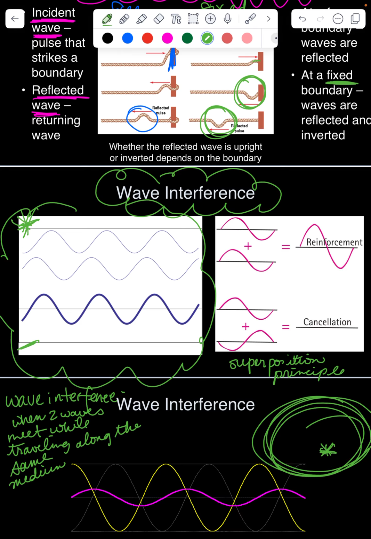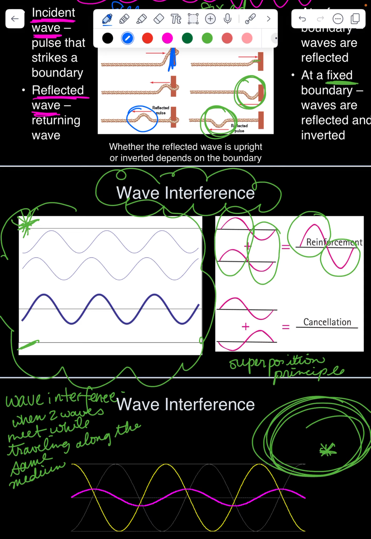You'll notice that most of the time you have two waves coming from opposite directions. Whenever you have a crest being added to another crest, or a trough being added to another trough, because they're on the same side at the same time, they combine and form an even bigger crest or an even bigger trough.